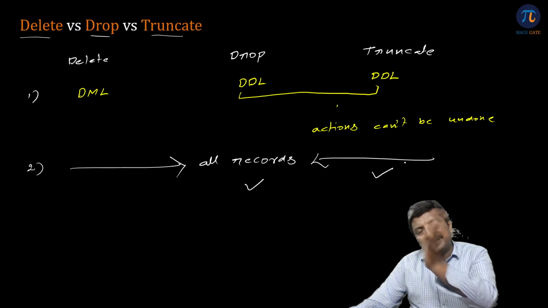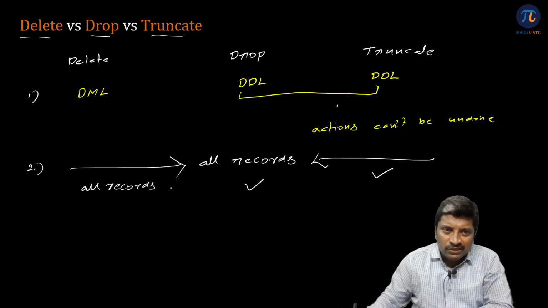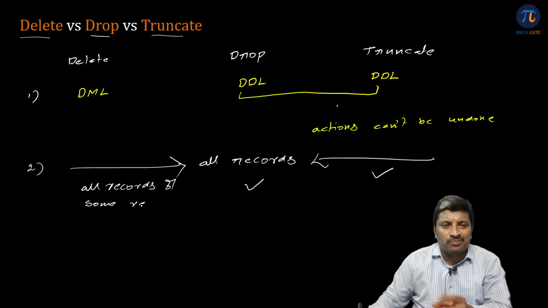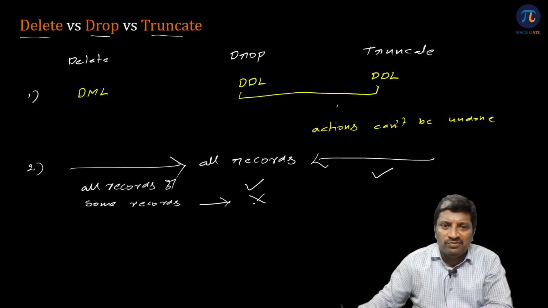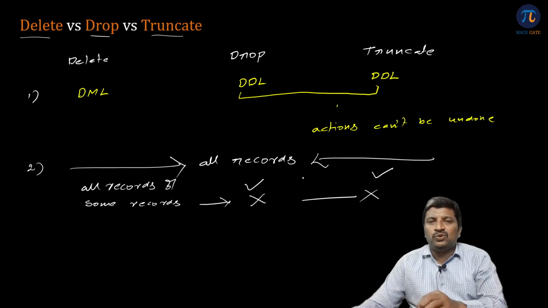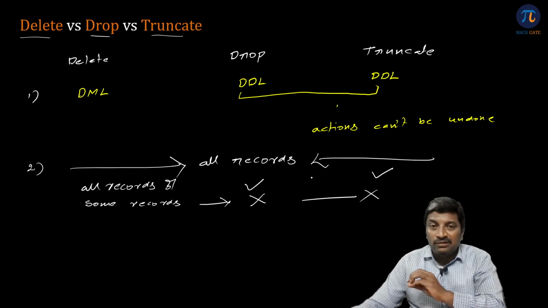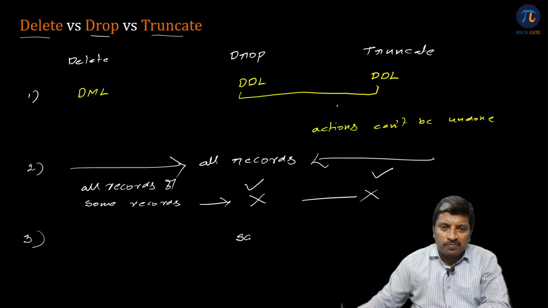If I truncate, the data will be deleted. When coming to delete, you can delete either all records or some records, depending on your requirement. So I have some provision: if you want, you can delete some records. But deleting some records is not possible with drop or with truncate. These two can be used to delete all the records, not some records. Right, sir? And the next one is that drop will delete the schema also.